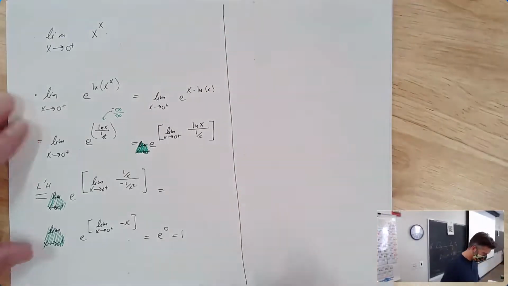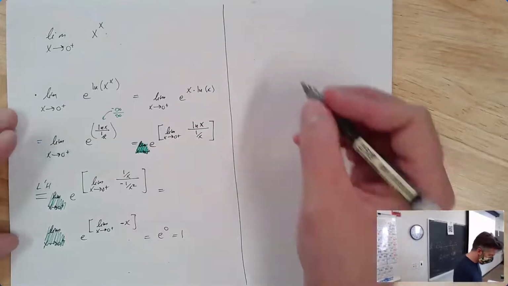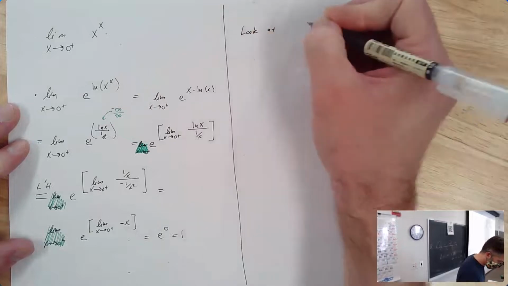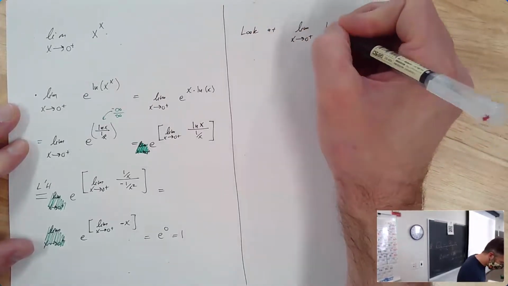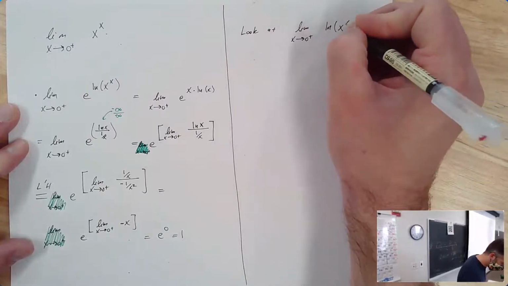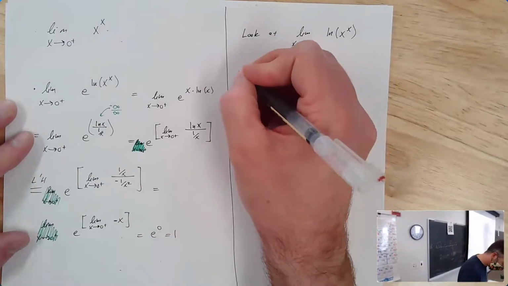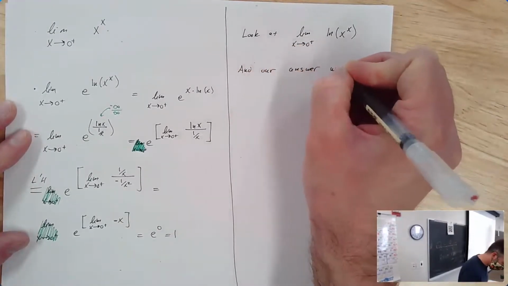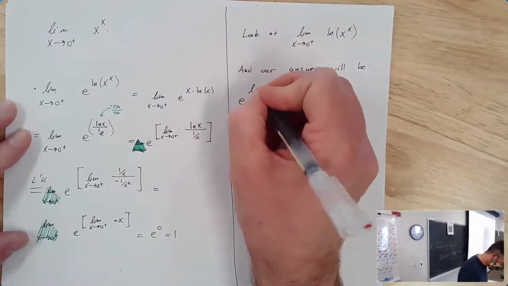Alternatively, here's what other people like to do. You can say, well, I'm going to look at the limit as x goes to 0 from the right of the natural log of x to the x. And then our answer will be e to that limit.